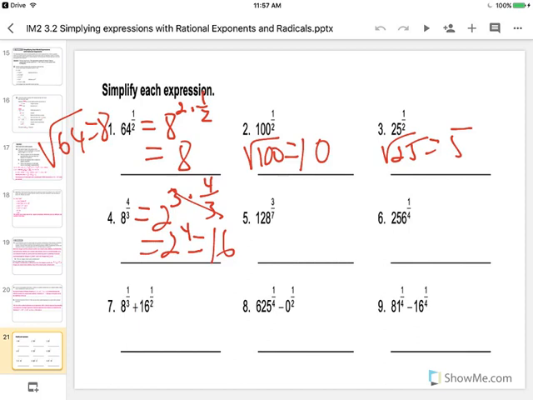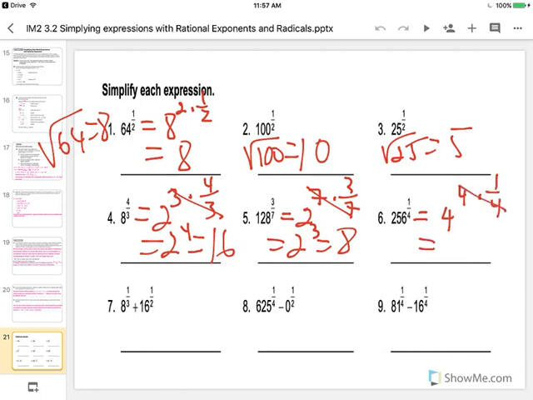And 128 is 2 to the 7th power raised to 3/7. That cancels, so it will be 2 to the 3rd power. The answer is 8. And this is the same as 4 to the 4th power raised to 1/4.